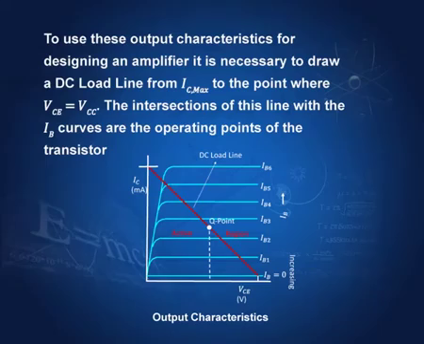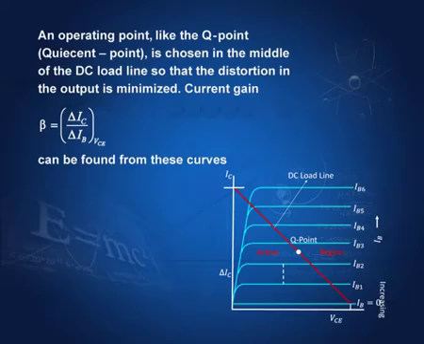So, we choose the Q point somewhere in the middle. So, that is the operative part, that from the output characteristics we draw this load line and choose the operating point somewhere in the middle, and the ratio of the change in the collector current to the change in the base current is called beta.